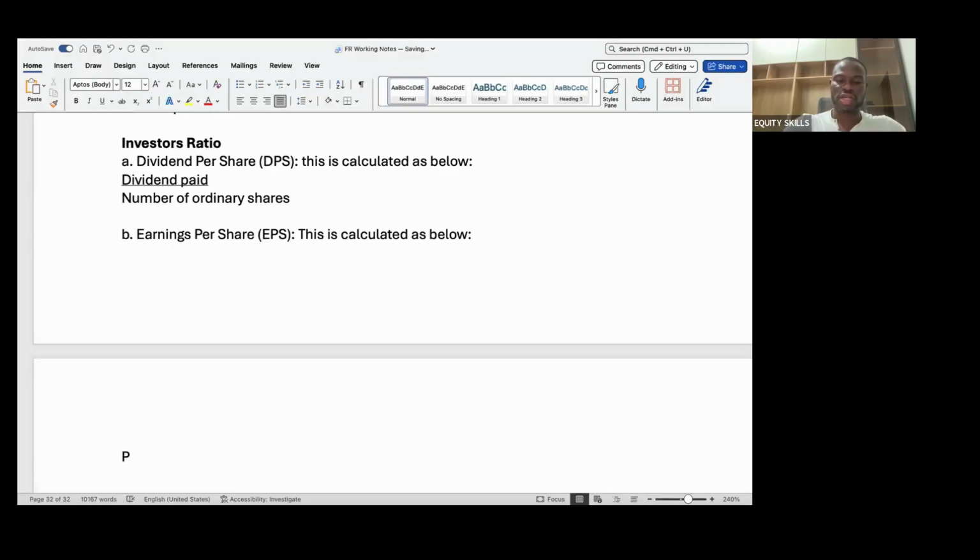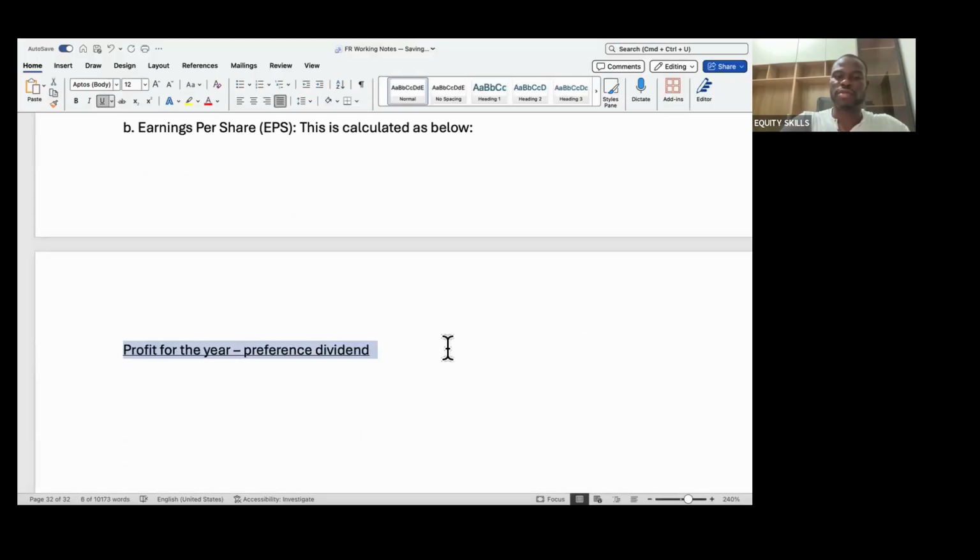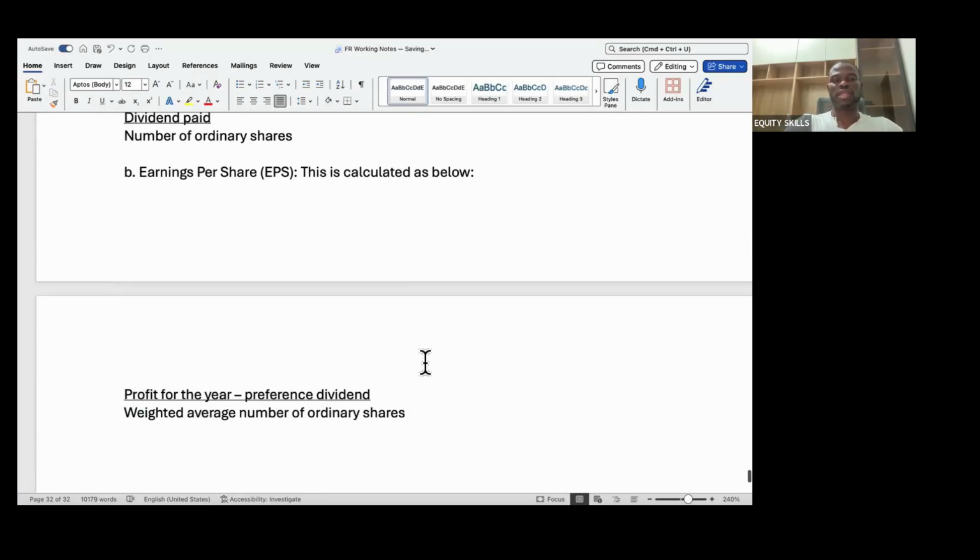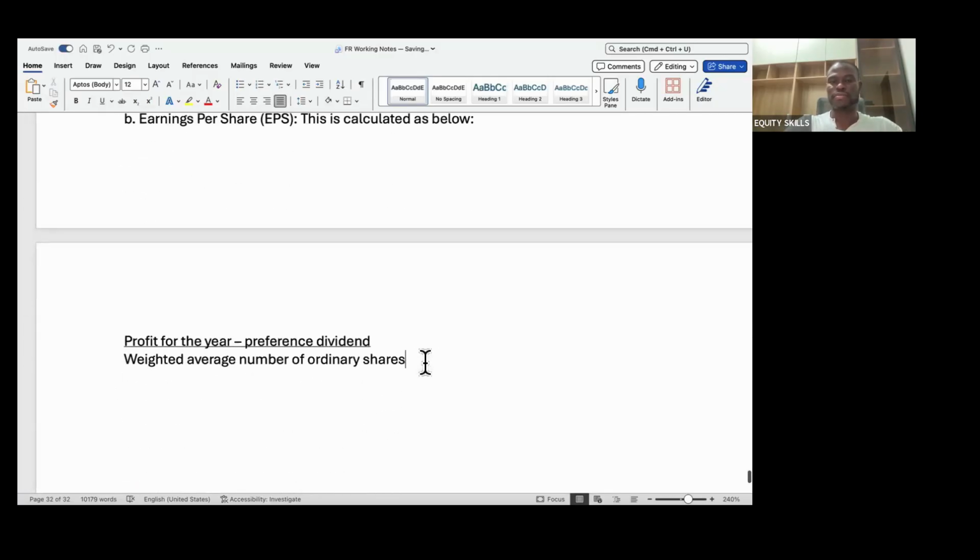So it's usually measured as profit for the year minus preference dividend. We want to remove our preference dividend payments, divided by, we call it weighted average number of ordinary shares. Weighted average number of ordinary shares. That's the earnings per share.